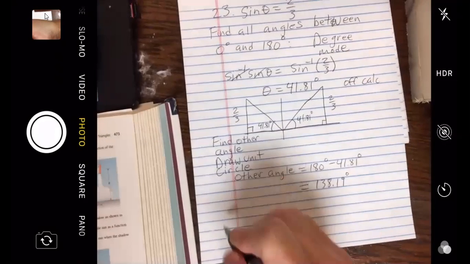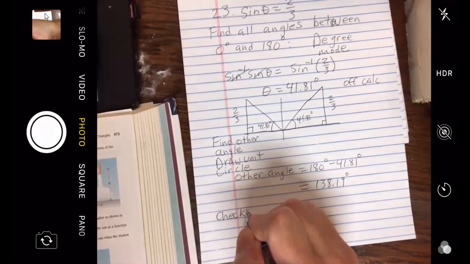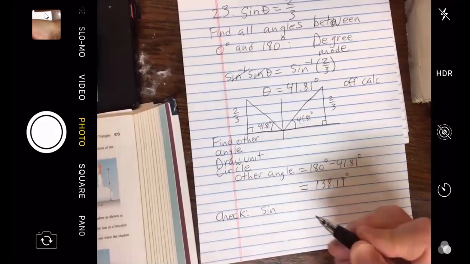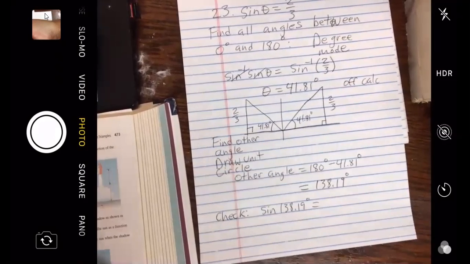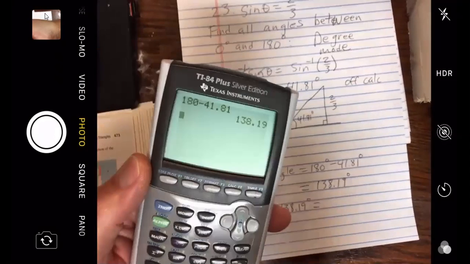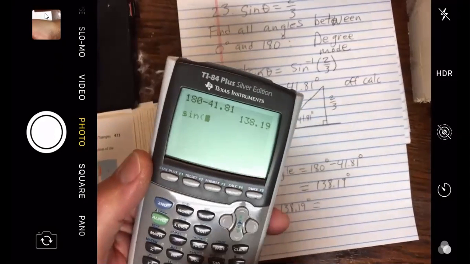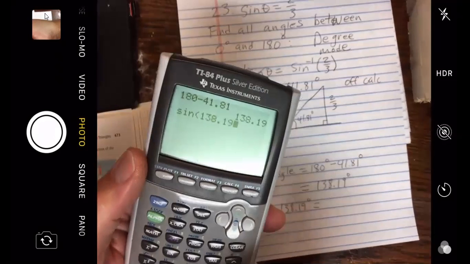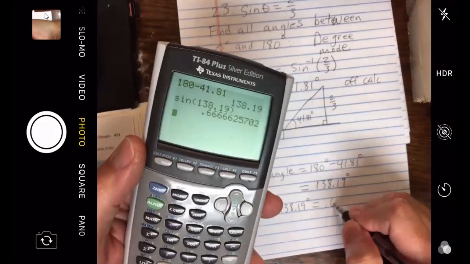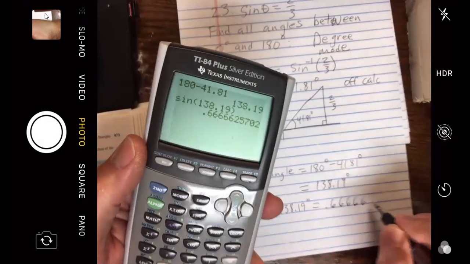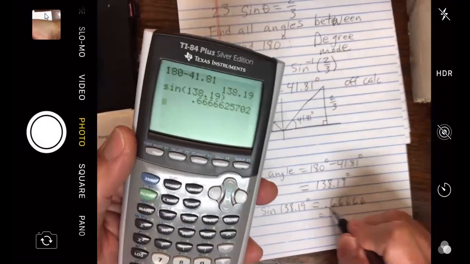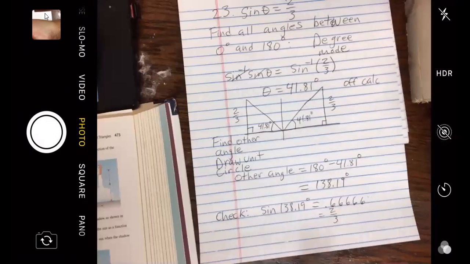If you want to check, take the sine of 138.19 degrees. 0.6665. That is basically 2/3. Pretty sure the book is going to report both answers.